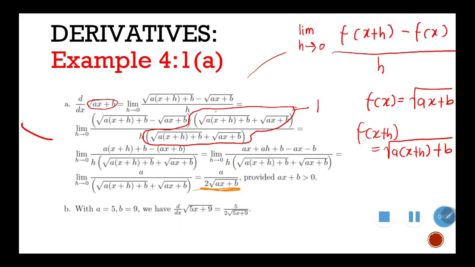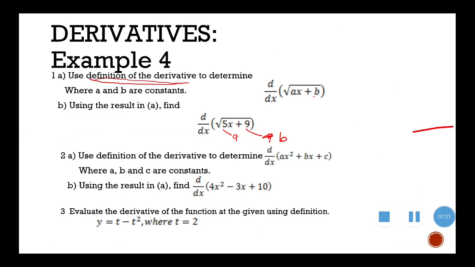We just include the value of a. a is 5, and we get 5 over 2 square root of 5x plus 9. Okay, that's all, class?